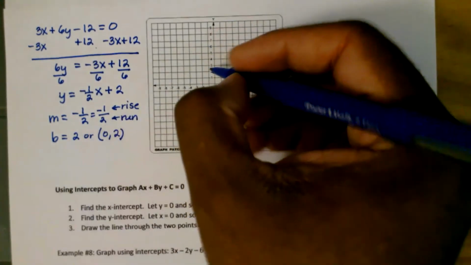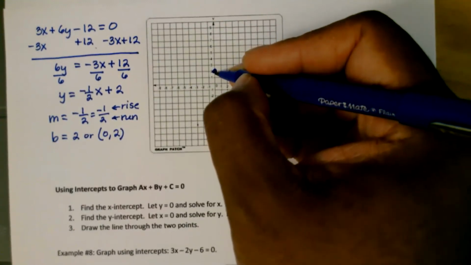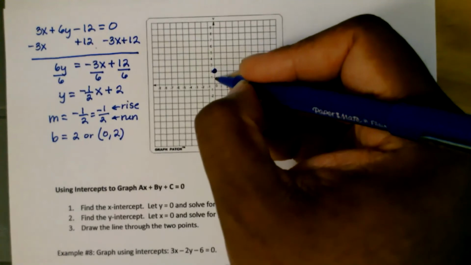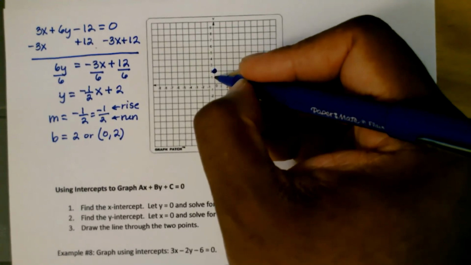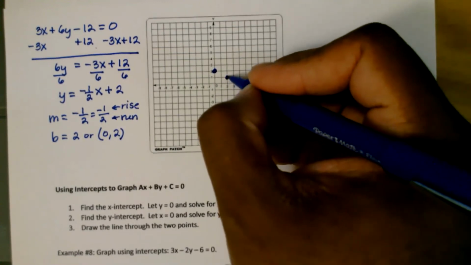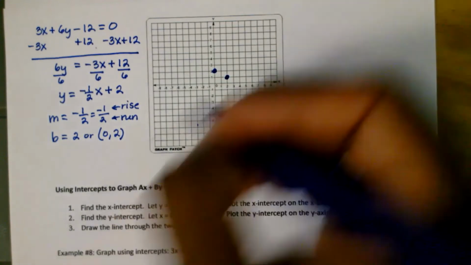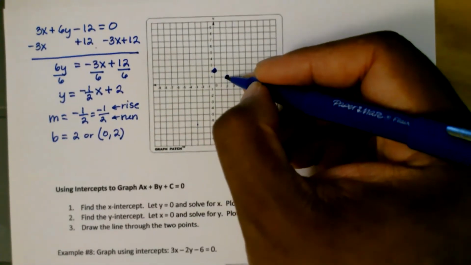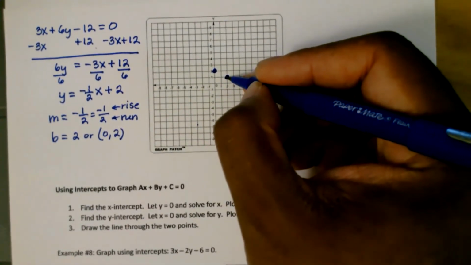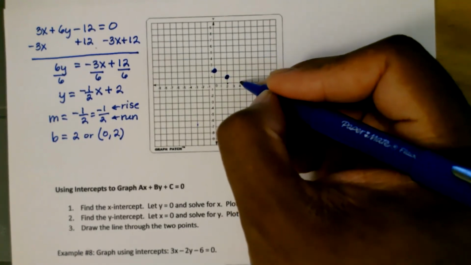So in this case here, starting from the y-intercept of 2, my rise is negative 1, so I need to go down 1 place from the y-intercept. The run is a positive 2, so I'm going to run to the right 2 and draw that point. And if I want to get another point, I can use this point that I came up with, go down 1 and to the right 2.